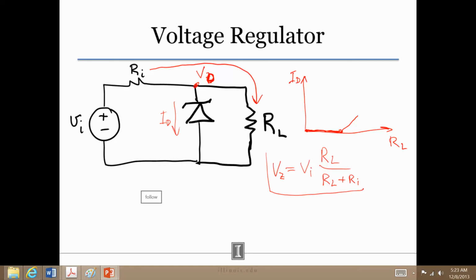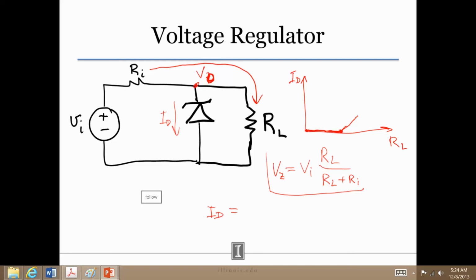What shape does that current take? So we can write again I diode after it starts, the Zener turns on.